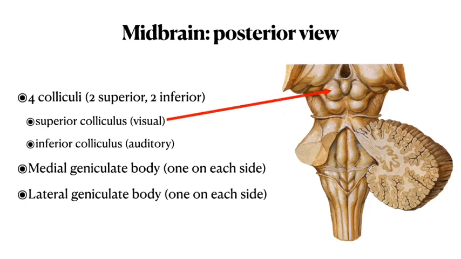Here is the superior colliculus. Here is the inferior colliculus. Here is the lateral geniculate body. And here is the medial geniculate body.